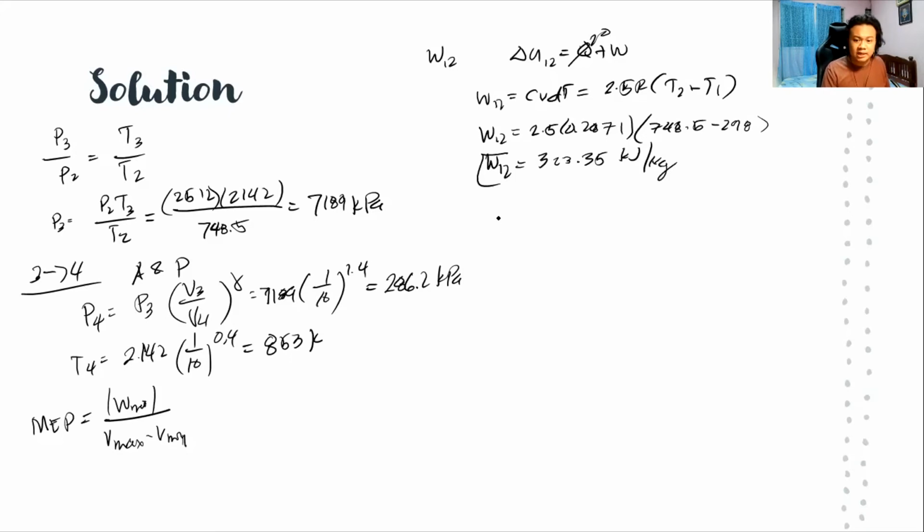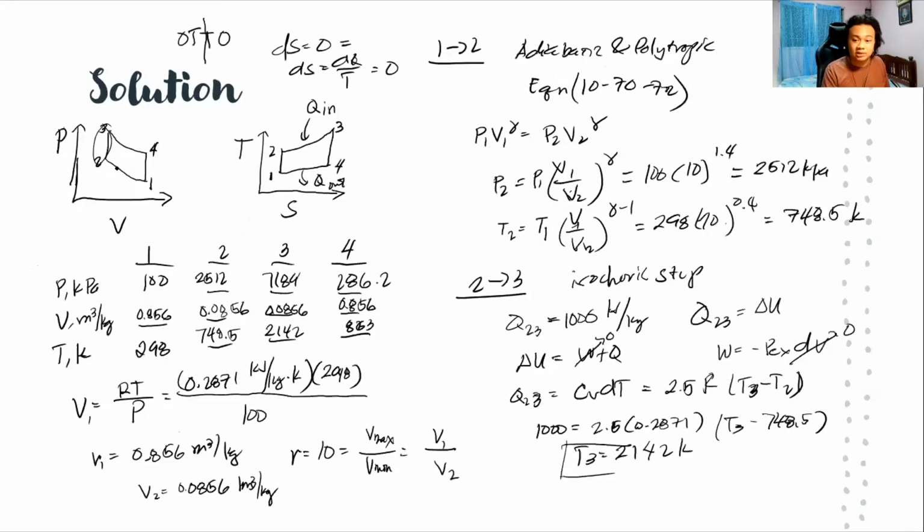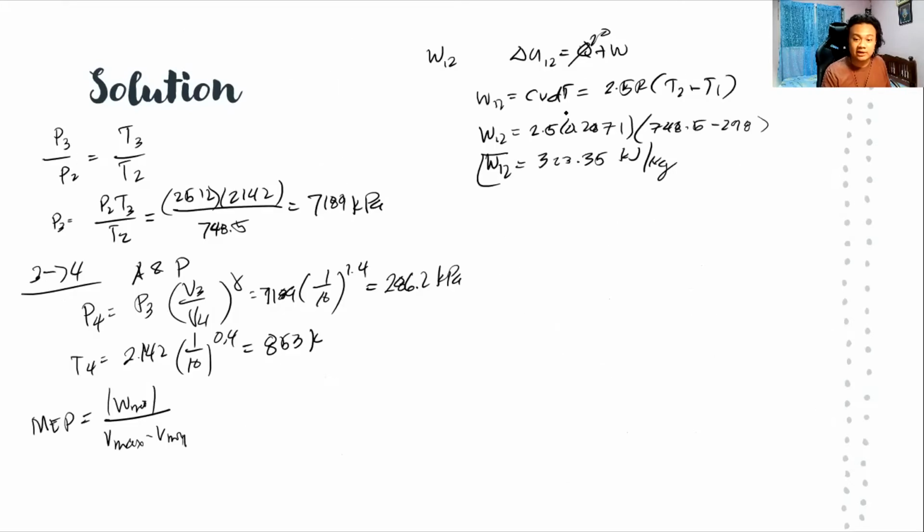Next is the work 2 to 3. As I said earlier, the work 2 to 3 here is 0, diba? Because it is an isochoric step. And also 4 to 1 is also an isochoric step, so work is equal to 0. So the only thing left now is the work 3 to 4. Work 3 to 4 is still equal to Cv dT, for the same reason that I derived this equation for you earlier. So 2.5 R times T4 minus T3.